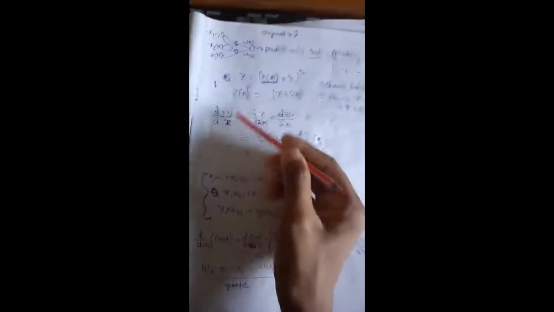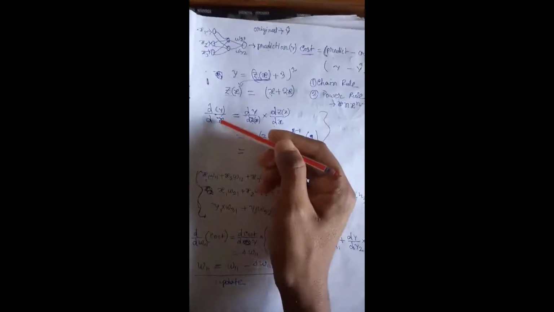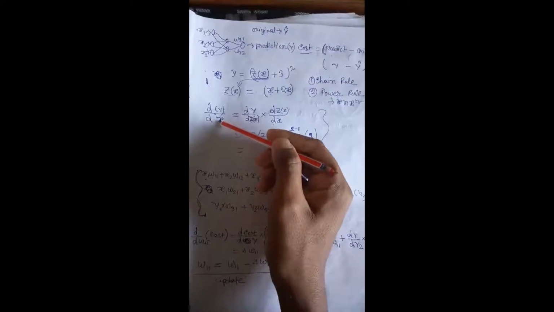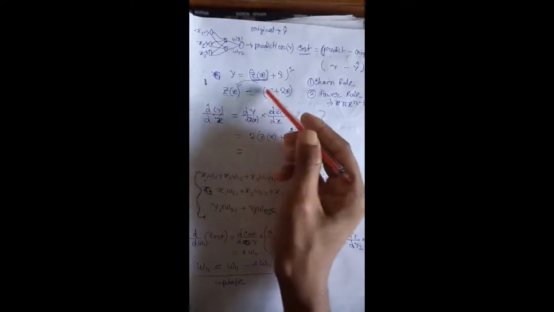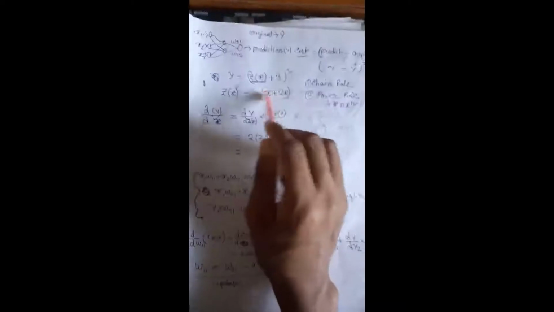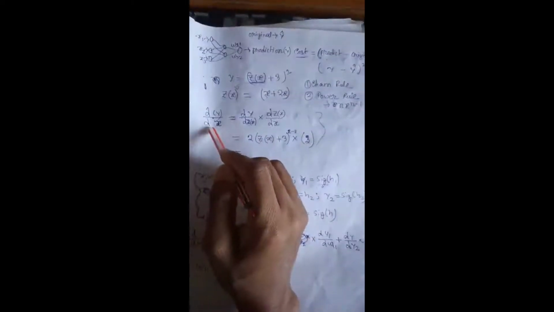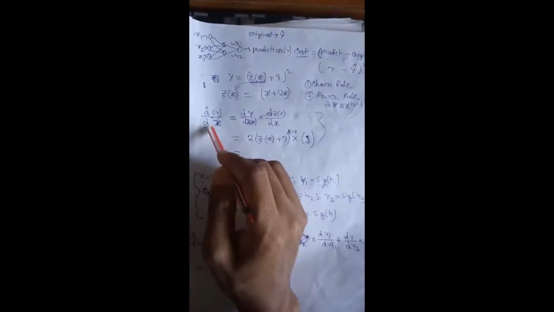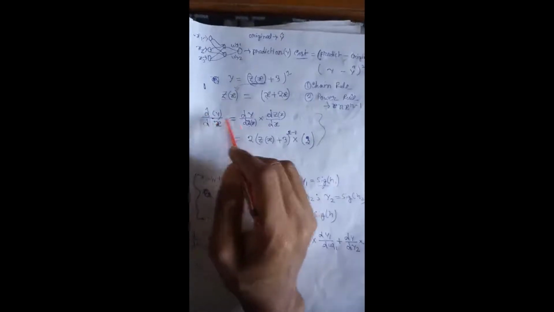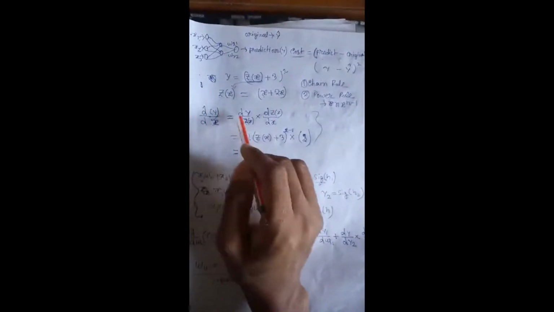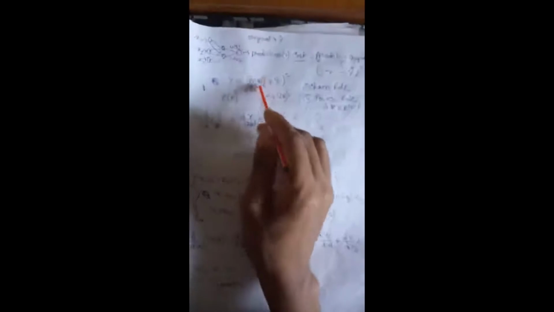Now when we differentiate y with respect to x, a parameter, which is the last input, is called a parameter. So here we are differentiating y with respect to x.